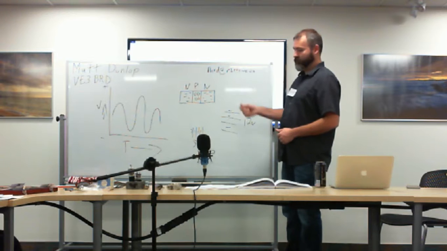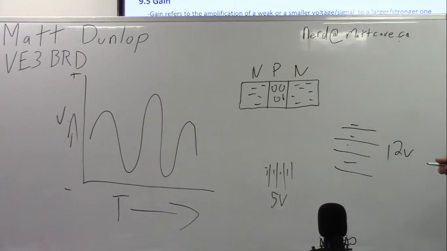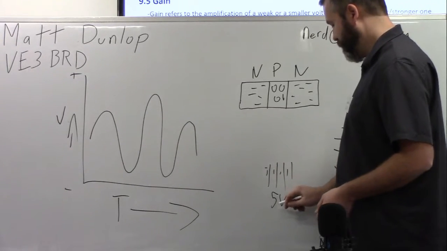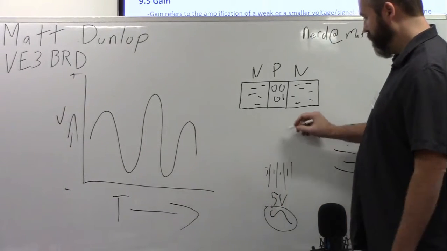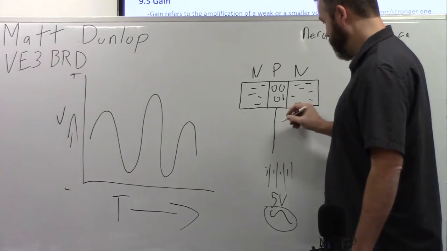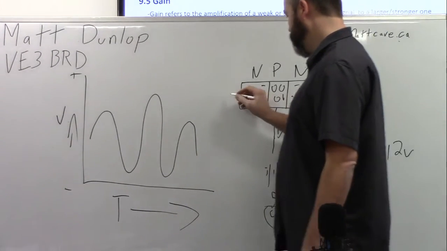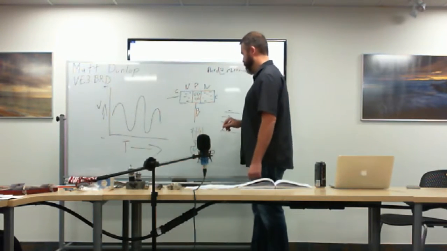So what we can do is use an NPN transistor in this case, and we can apply this 5-volt signal, which will be this 5-volt source, to our base here. So our emitter, I don't think it's going to be neat.